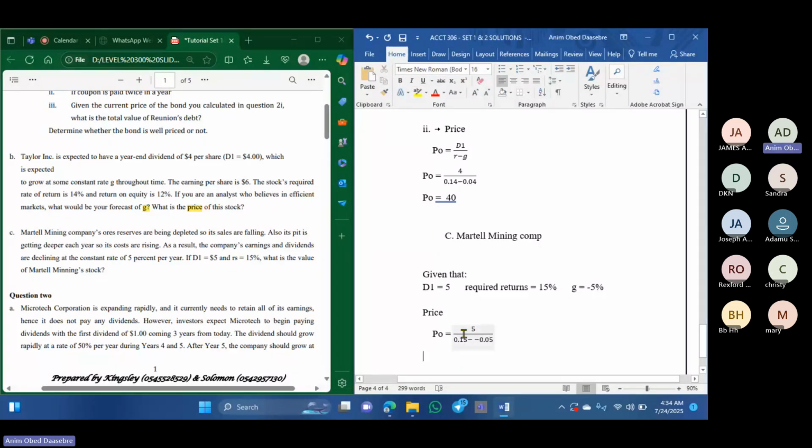So when you do this, you get 25.75 or 25.25.